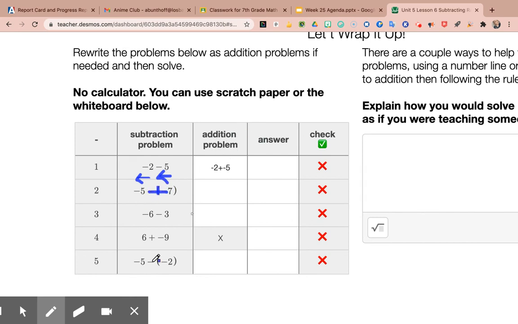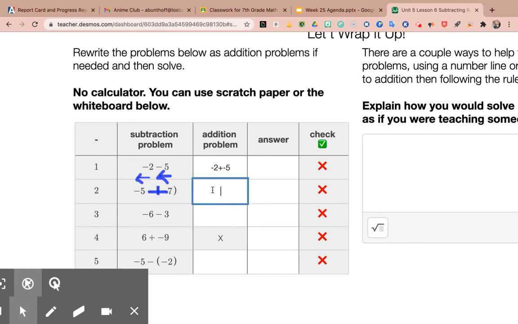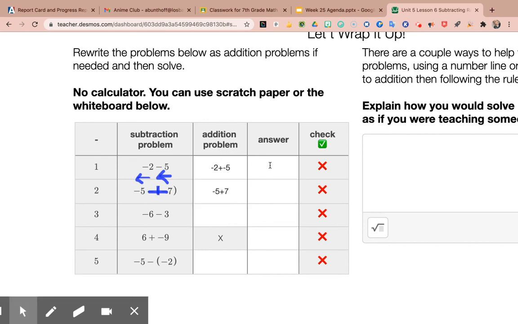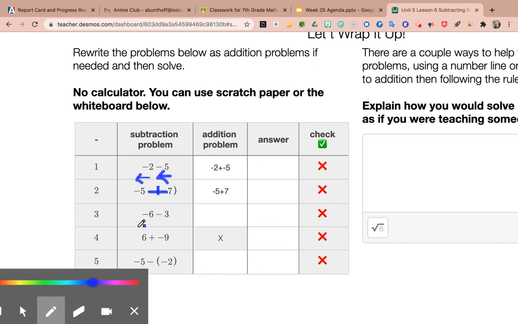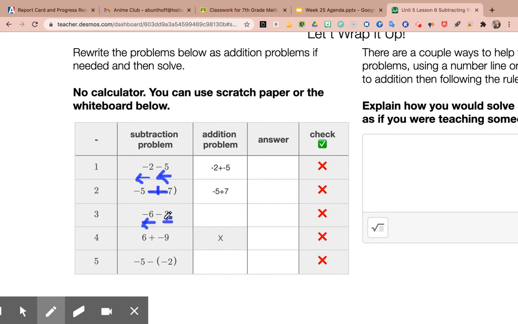So I automatically made it addition. So -5 plus 7. This is like going left -6 and then left 3 more. So I'm basically doing -6 plus -3. Again, no spaces.